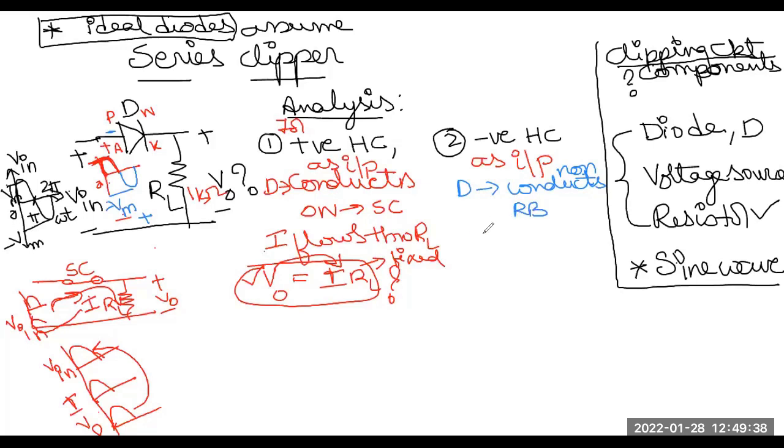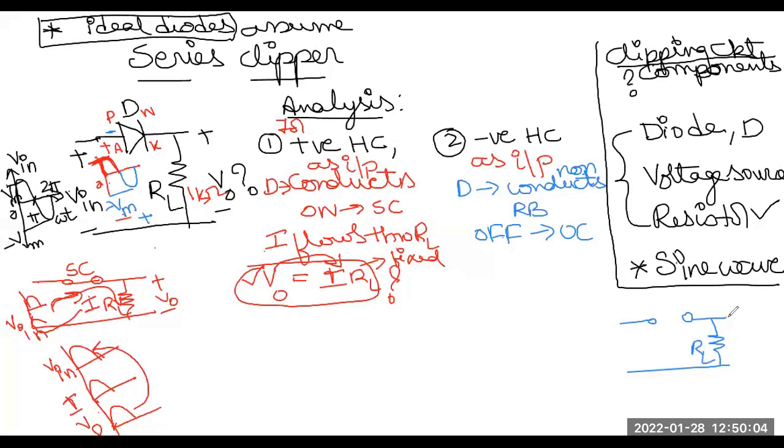When the diode is in reverse biased condition, what is its state shown as? Open circuit, off state. When the diode is in off state, we replace it with an open circuit. So no more does the diode exist, and instead your circuit becomes like this.